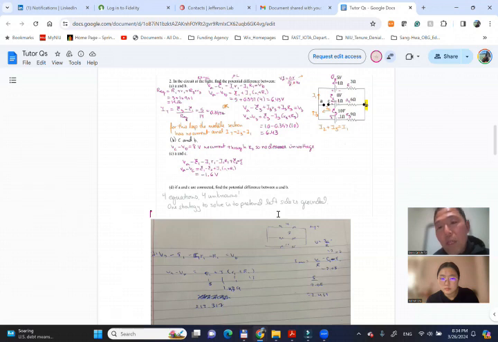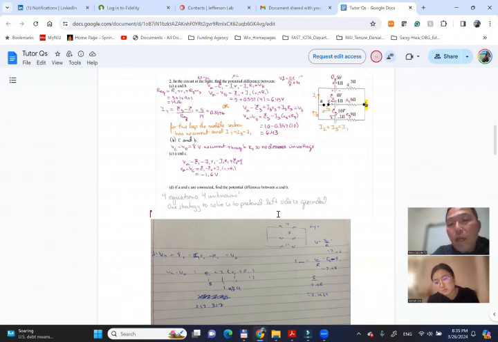So depending on the net potential difference between A and B, that current flow will also change, and the current value will be determined by the overall equation.